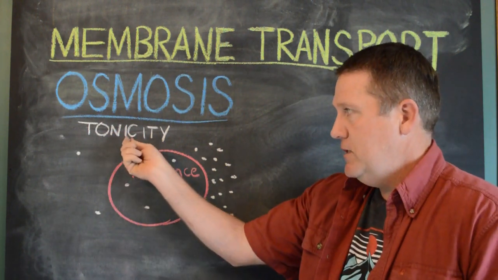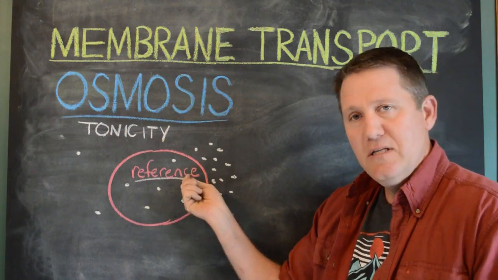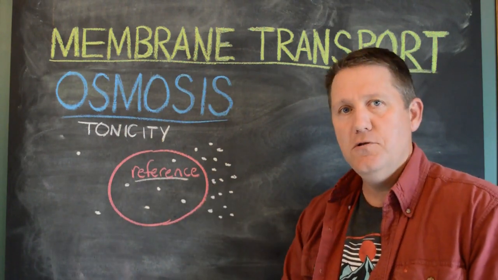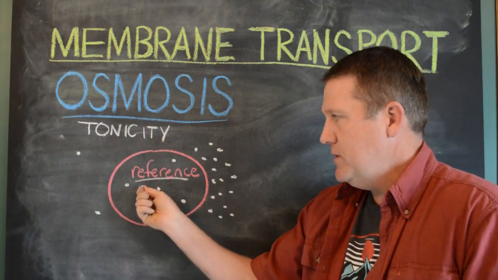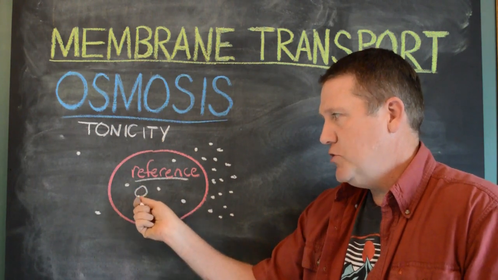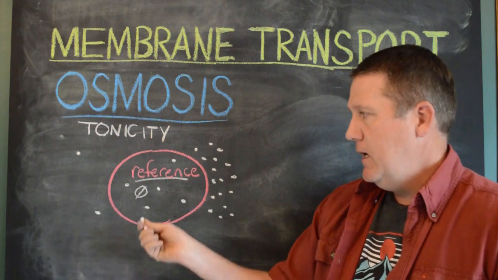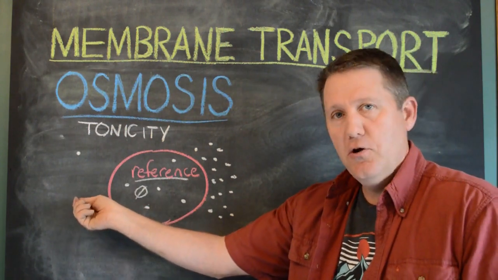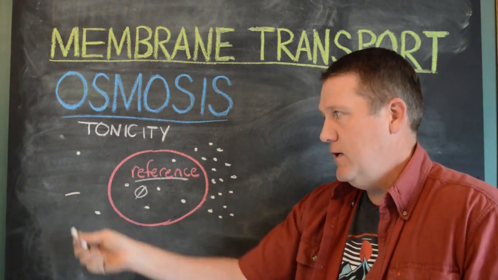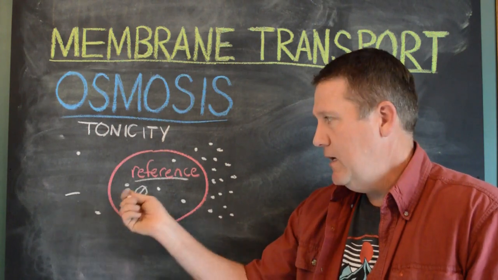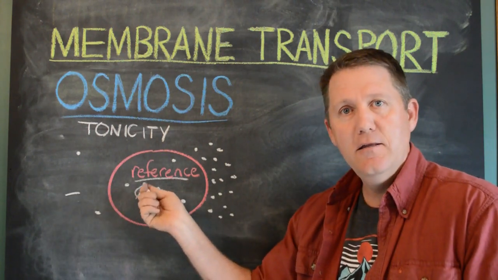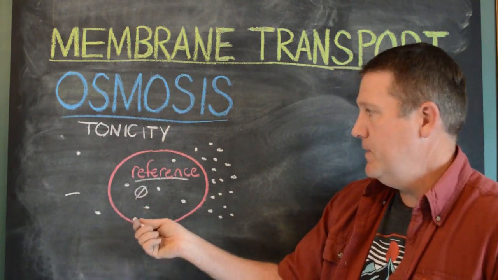So tonicity always uses the cell as a reference. So it's just basically saying whatever salt level is in here is essentially 0. If we have less salt over here, well, that's a negative, right? It would be less salty than inside the cell, or less solutes.